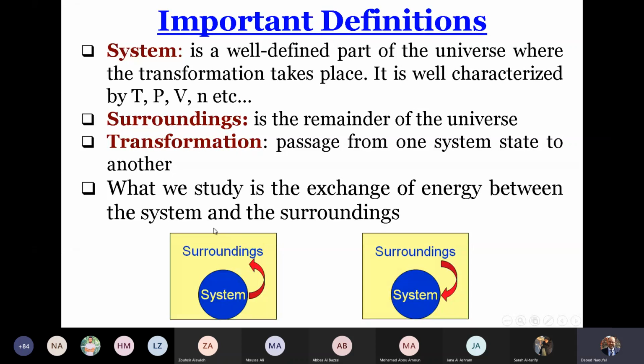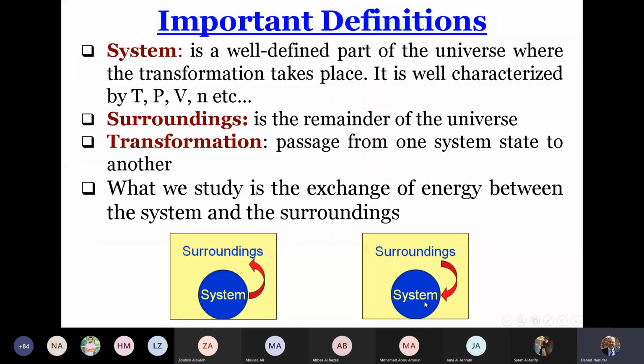In thermodynamics, we study the exchange of energy between the system and surrounding. Suppose I have a system in blue, the surrounding is in yellow, and all this box is the universe. So if the system releases energy, this energy is absorbed by the surrounding.